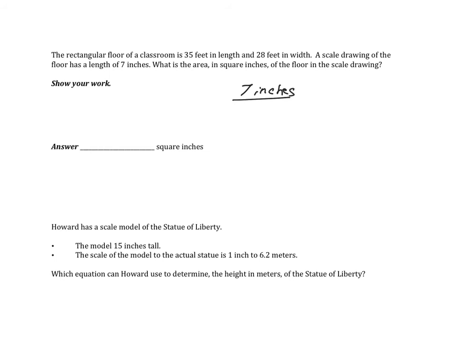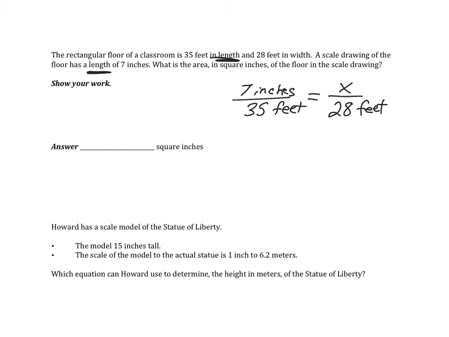So the inches that compares to is the length. It says the length is 7 inches. Well, we know the actual length of the room is 35 feet. So what are we looking for now? We want to know the inches first, and then they actually want us to find out the square inches or the area. Well, we got to figure out what x is first. So this is 28 feet for the width.